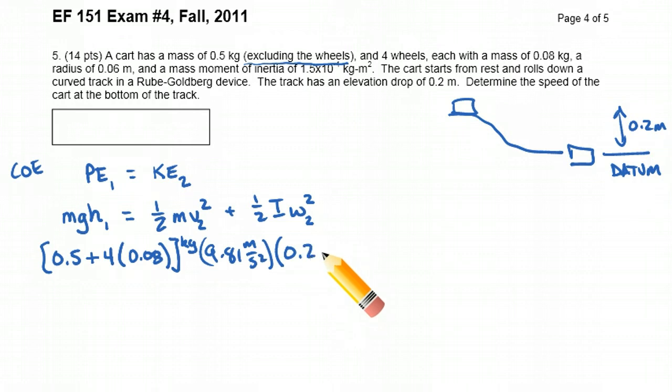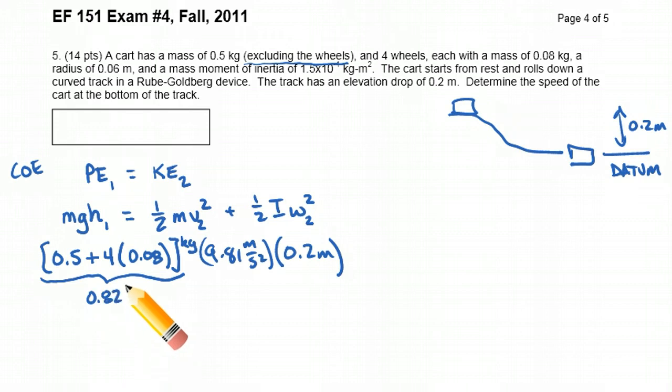So there's our initial H. And we'll go ahead and calculate this term because I'm going to need it again. 4 times 8 is 32, so that's 0.32 plus 0.5, that's 0.82 kilograms. So this term was our entire initial potential energy.